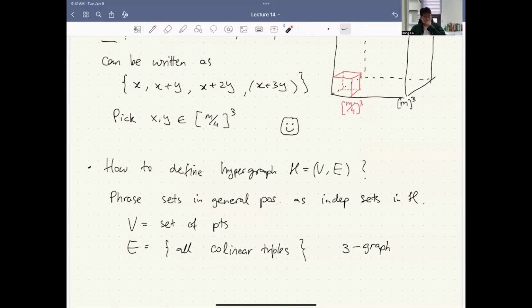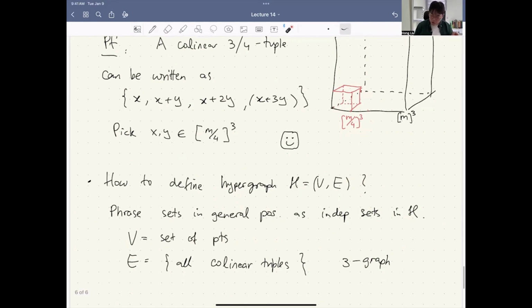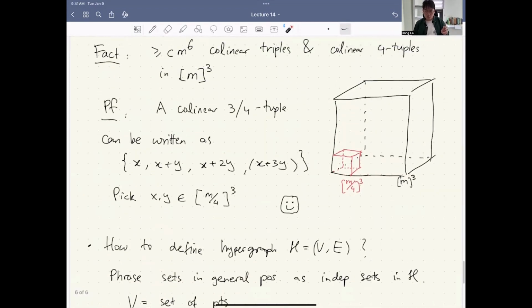So for this hypergraph, we need supersaturation so that we can iteratively invoke this container theorem. And supersaturation means if you take a not so small subset of the point set, there are still many edges.